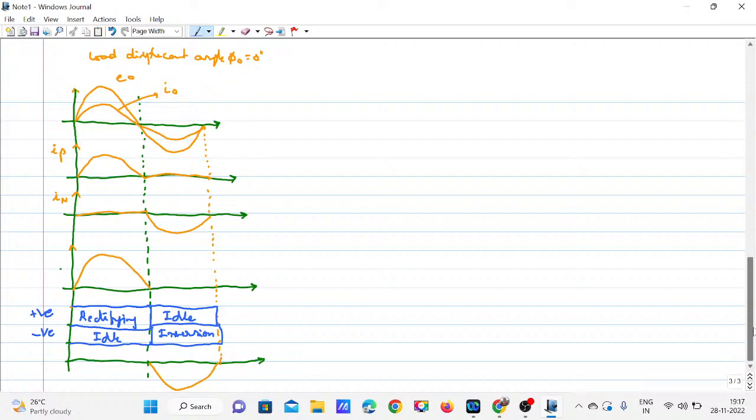Okay, that is for the load displacement of phi equal to 0 degree, and next we can move to the next step. I mean, we are going to see different load displacement angles.